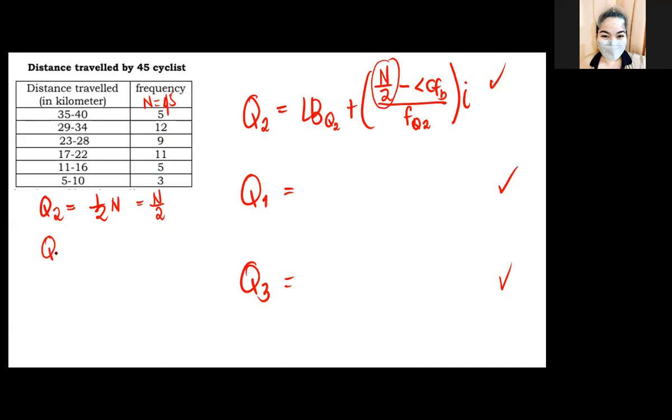Eh, paano kay Q sub 1 at kay Q sub 3? Ilang part ba ng data yung kinukuha natin pag Q sub 1? 25%. Parang yun natin gusto niyang sabihin. Okay? Or in fraction, what is 25% in fraction?